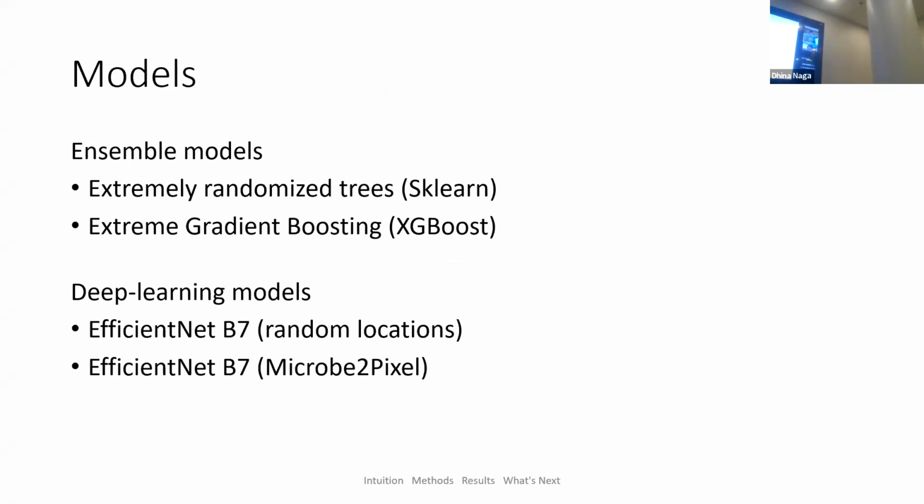We benchmarked our approach compared to extremely randomized trees, which is an implementation of random forest, extreme gradient boosting, which is very well known in the machine learning world, and also deep learning models using our Microbe2Pixel algorithm to get locations, but also getting an image of random locations to see what actually the influence of using the true taxonomy is compared to using images without taxonomy.